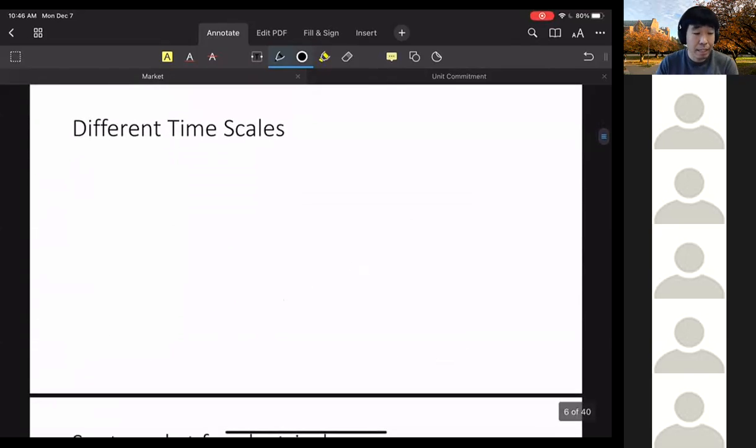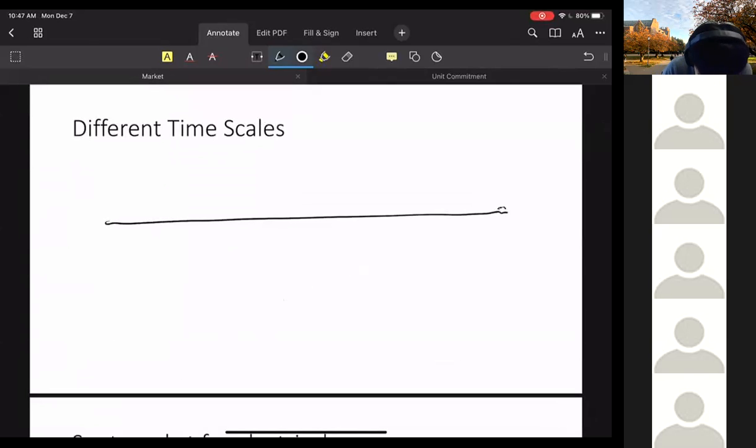And this market often also happens in different time scales. If you think about time of delivery of power, we have the seconds time scale, to hours, to days, to years.